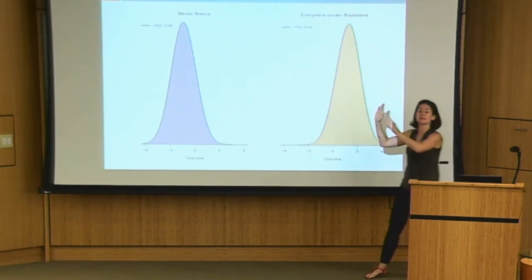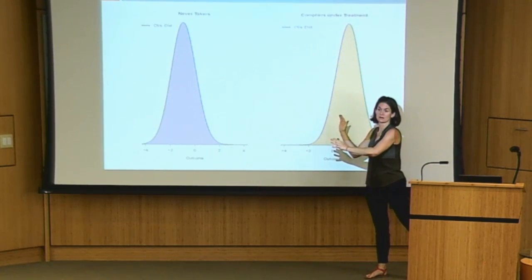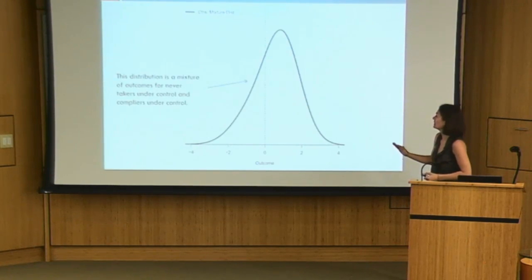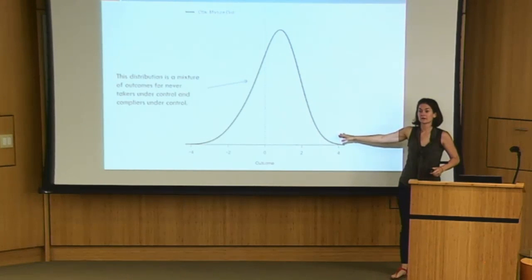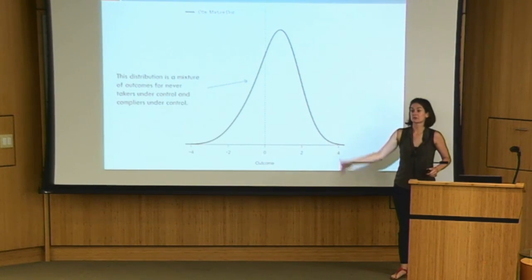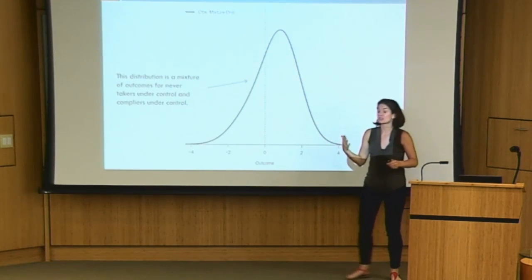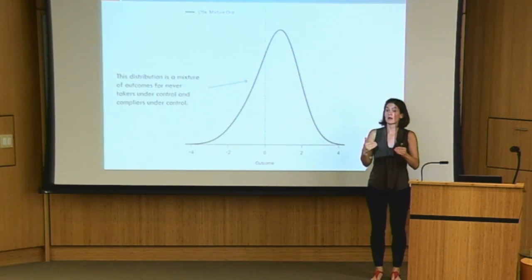Yeah? So this is for those who are assigned to treatment, right? But for those who are assigned to control, this is what we observe. We just have a single distribution, right? And this distribution is a mixture of the control outcome for our compliers and the control outcome for our never takers, right?